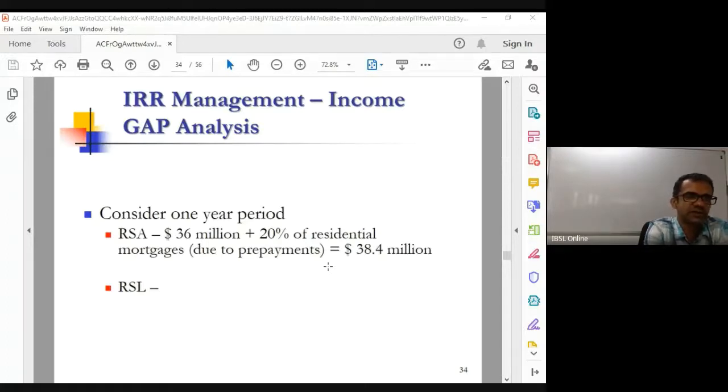Whenever possible, they try to do that because they can save their interest expenses. That can happen when the interest rates are going down. Considering all those facts, this bank has estimated that 20% of the residential mortgages will be repaid. So 20% of 12 million is 2.4 million. So you get 38.4 million altogether rate sensitive assets.